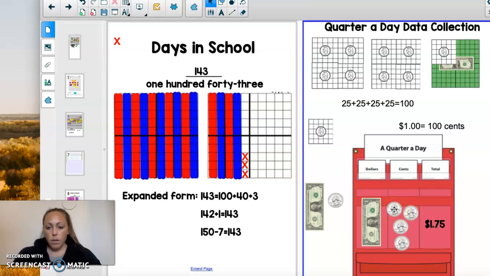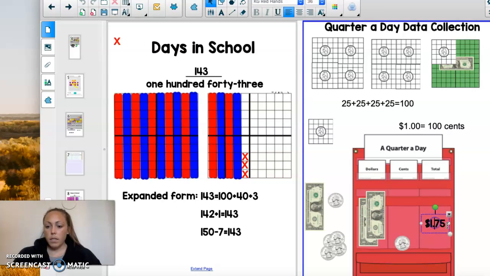It equals $1. So let's go to the bank and we're going to give them 4 quarters and the banker will give us $1. All right, now we have $2 in our dollars chart and we'll add 1 quarter for today. And now we see $2.25. So I need to change this. That says $1.75. Now we have $2.25.